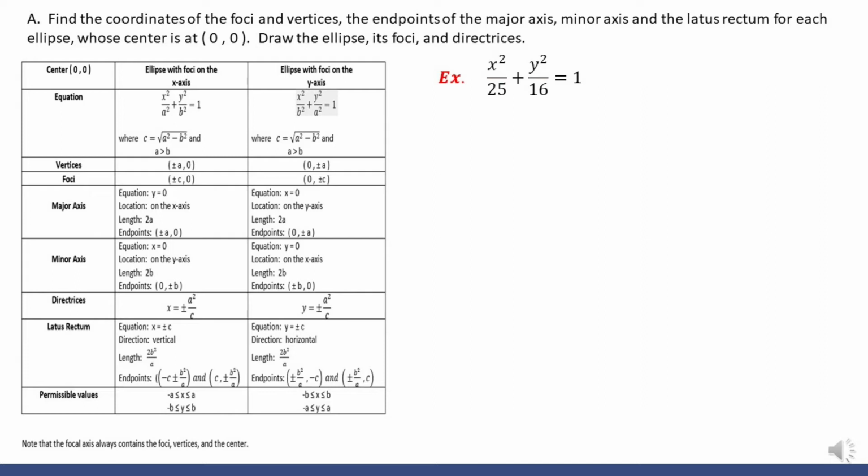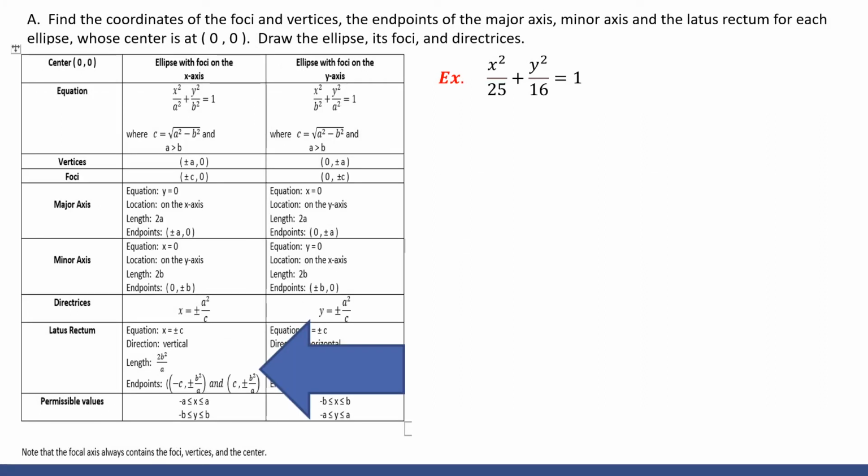At first, let us identify the values of a, b, and c. Well, in this case, sabi nga natin, a should be greater than b. Kung titingnan natin ang given equation, we have the denominators 25 and 16. As we know, 25 is greater than 16. Tama? So, lumalabas na itong 25 ang ating a squared.